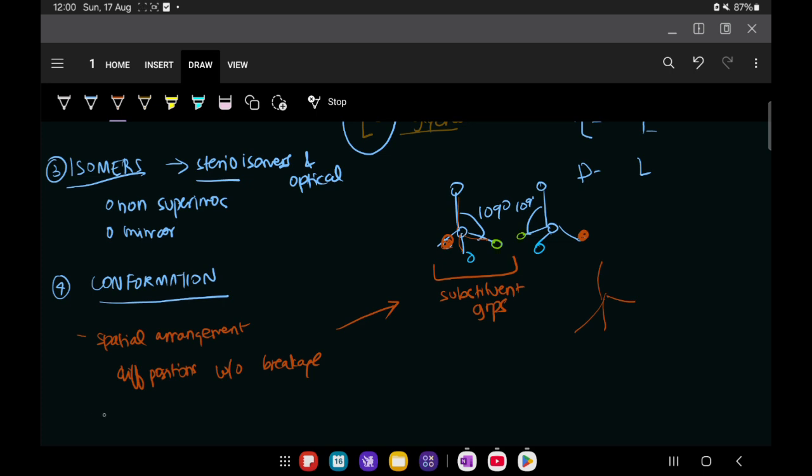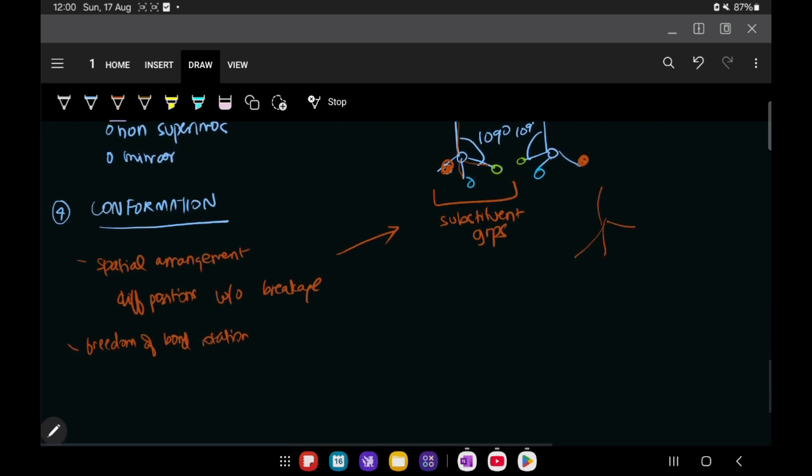You can call that the freedom of rotation, freedom of bond rotation. You must have seen those 3D models when you're studying chemistry, in a lot of videos even. They're free to move, they have hinges. So just like that, you can imagine the conformation.